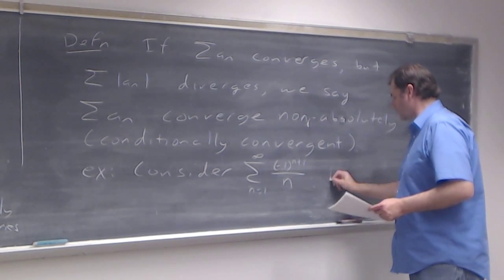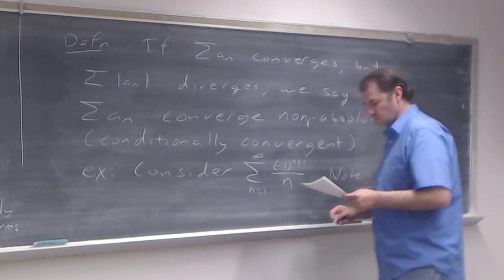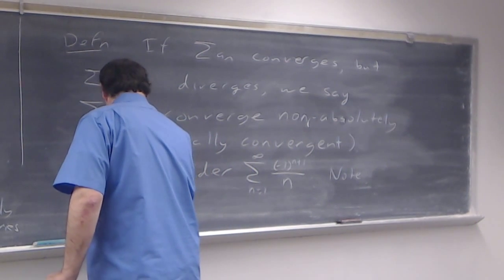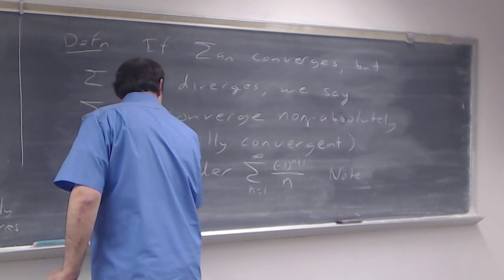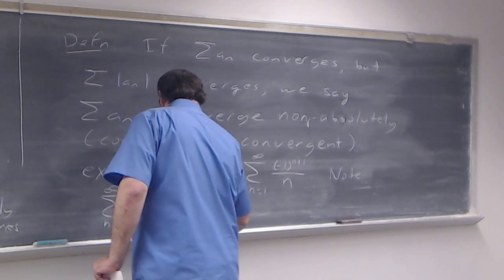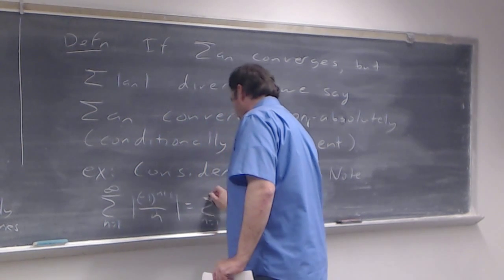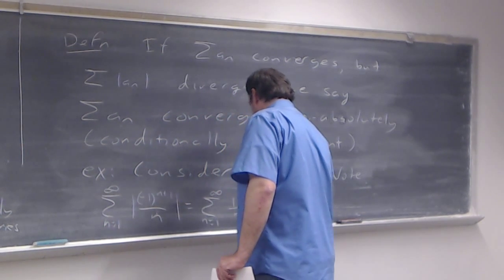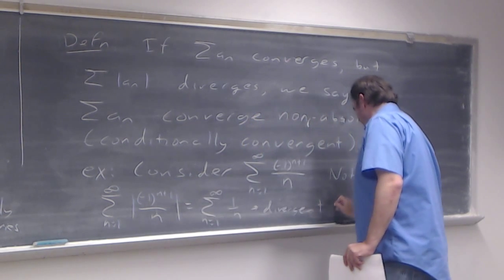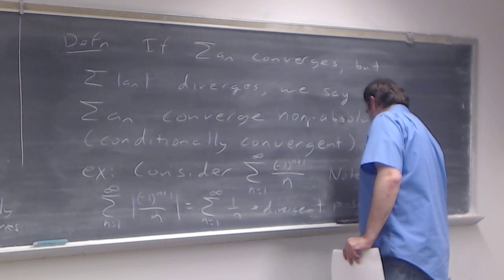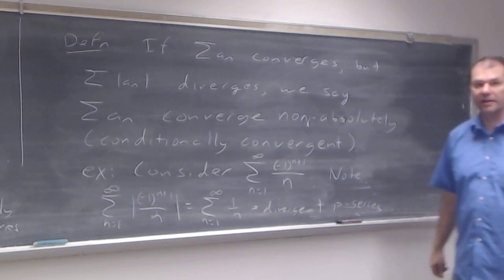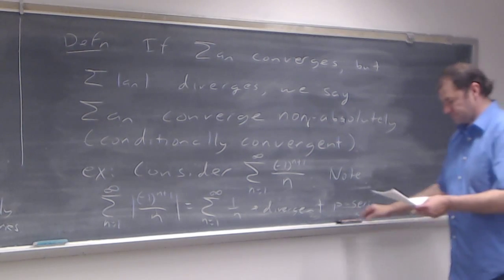The first thing I'm going to do is note that the absolute value of this series equals the series as n runs from 1 to infinity of 1 over n, which is a divergent p-series. So what that tells me is that this series we're considering does not converge absolutely.